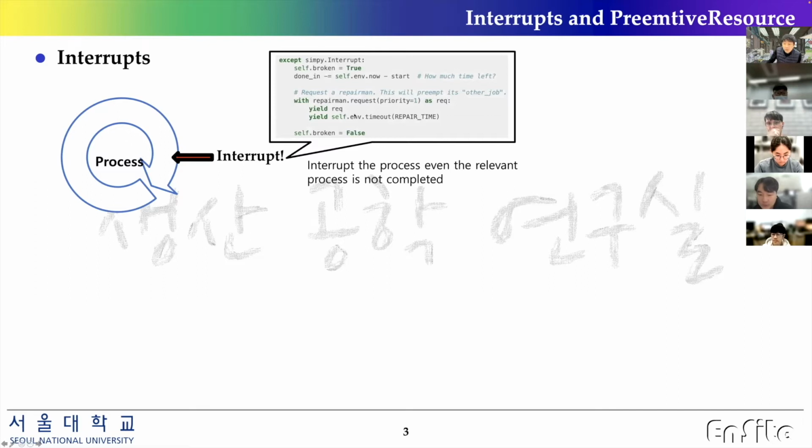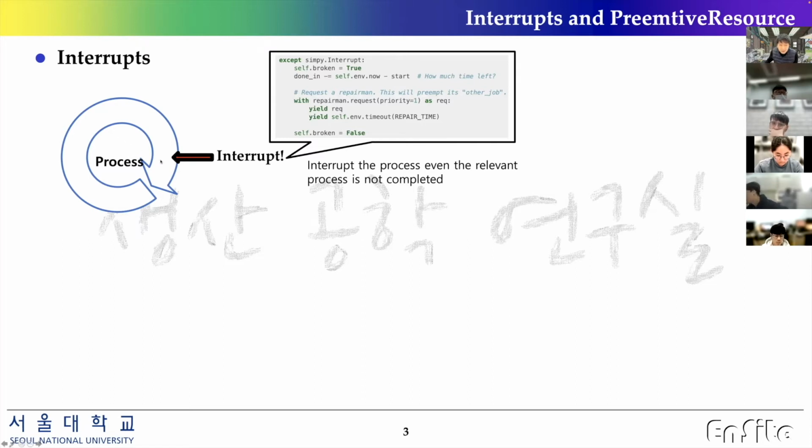After this slide, we'll see the entire code, but this is the selected part. The except means that if the interrupt function, which belongs to the SimPy library, occurs, then a certain attribute is changed to another value, and in this variable the remaining time is recorded.